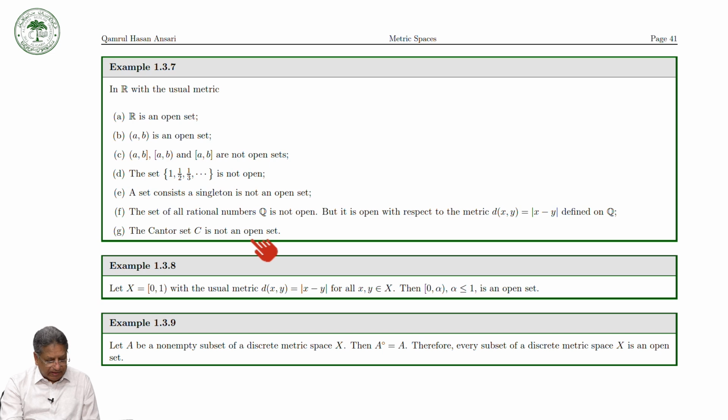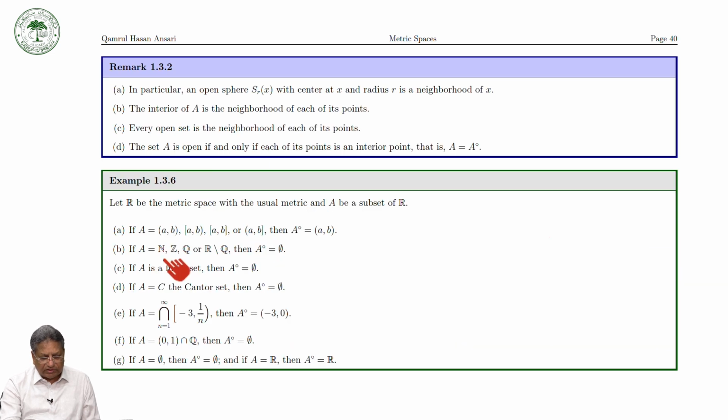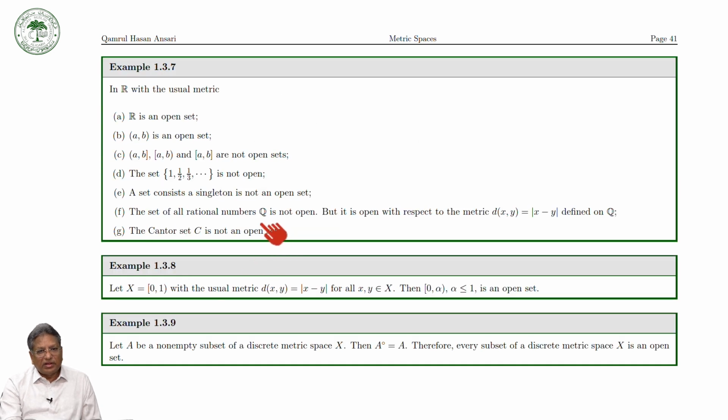You see, in the previous example, you were considering A as the natural numbers, integers, rational numbers, irrational numbers. But there, A is a subset of R. If we consider Q as a whole space, and define the usual metric on Q, then as a whole space it is open.